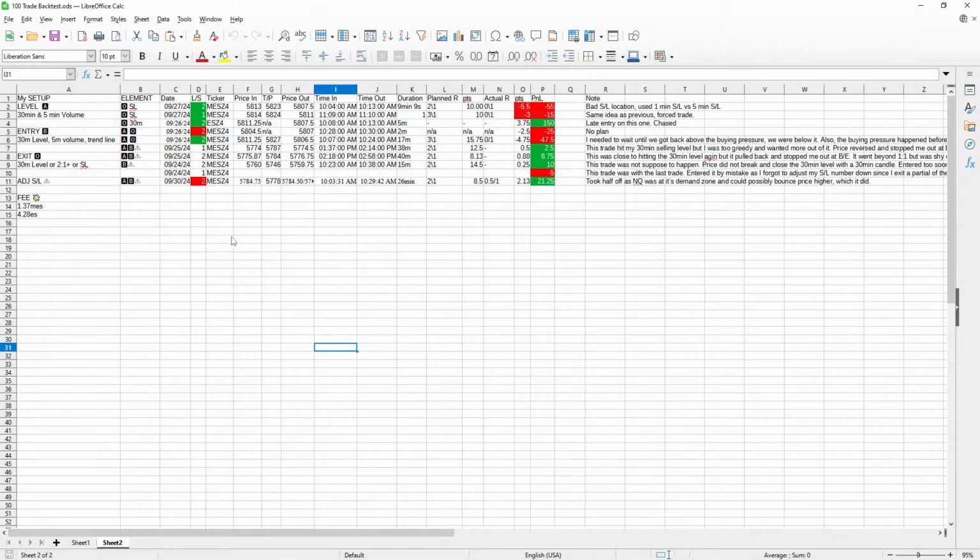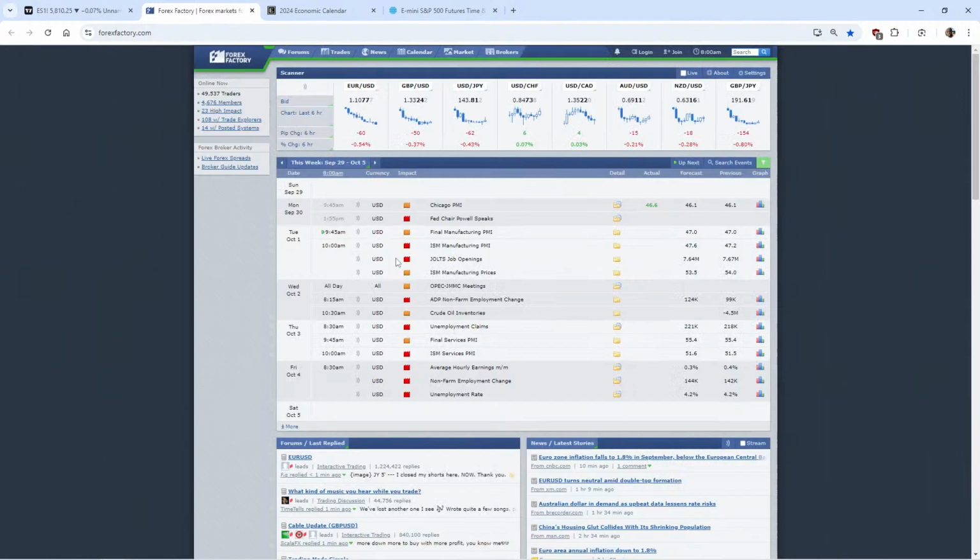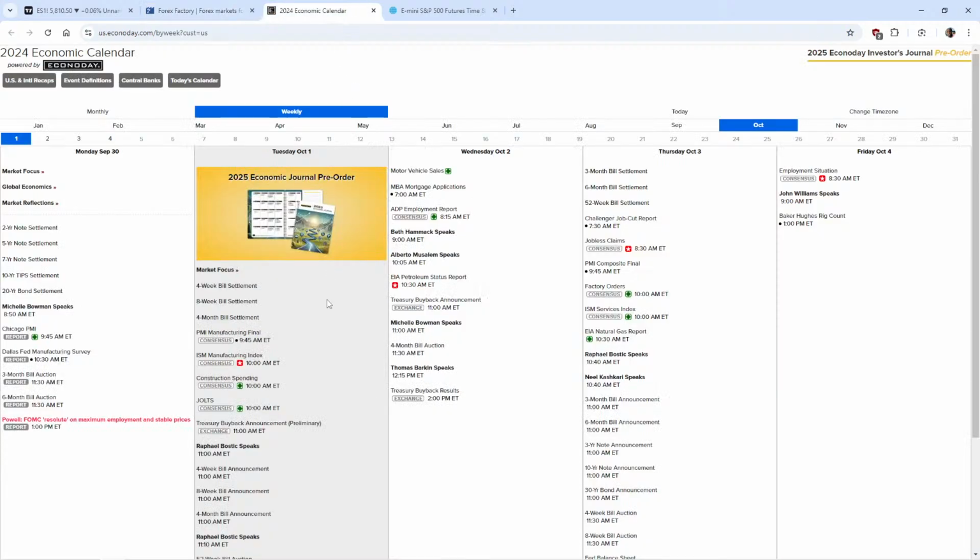It's 8:30. Do we have any news coming out? Today we have 9:45 and we have JOLTS. So 10 o'clock is going to be very heavy. And we had the 9:45 PMI yesterday. We have 9:45 again.